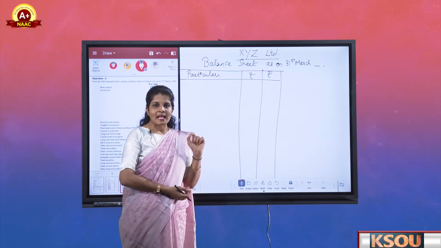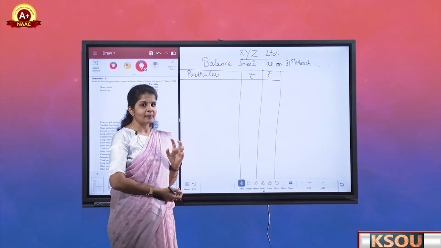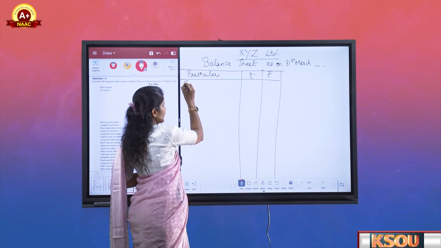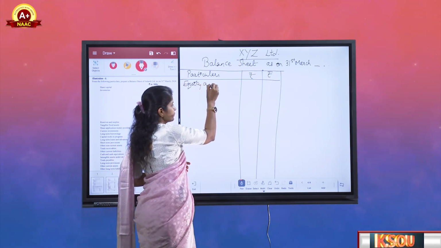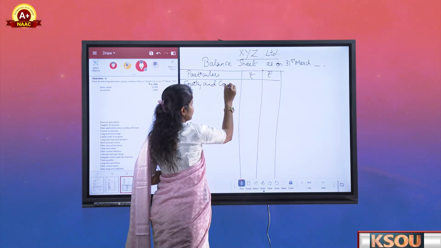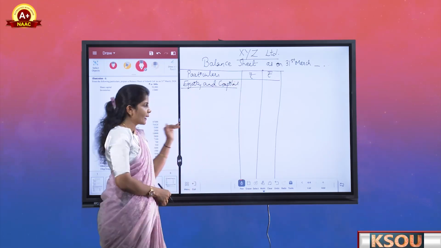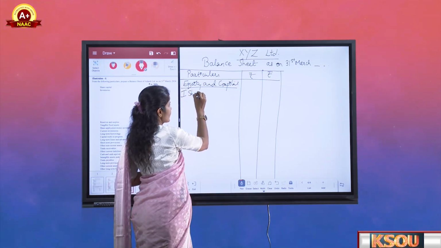As I said, this balance sheet will be prepared in the order of permanence, so the long-term liabilities will be taken first. So let us give a heading for this: equity and capital. Under this, the first item is shareholders fund.